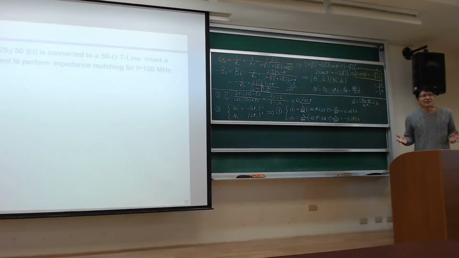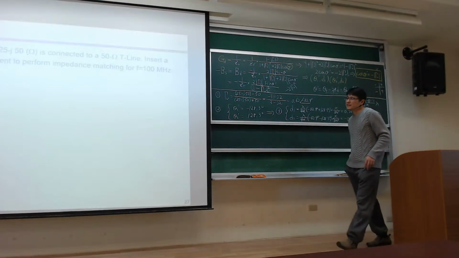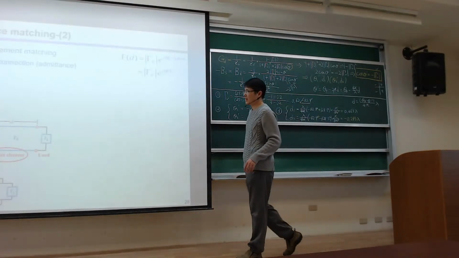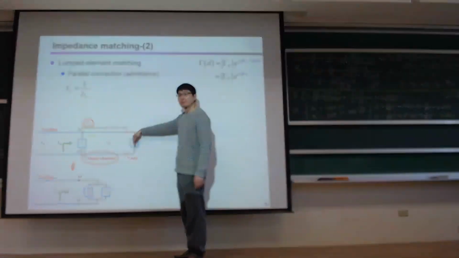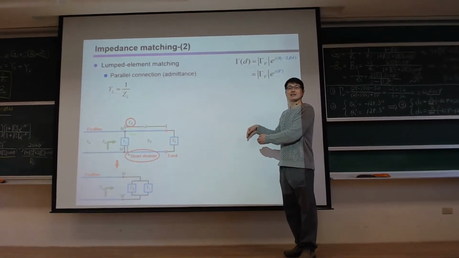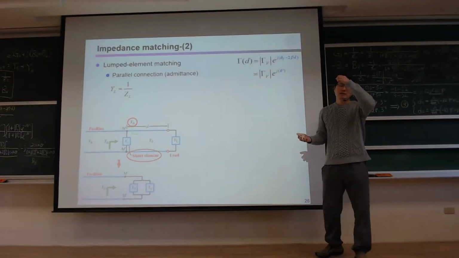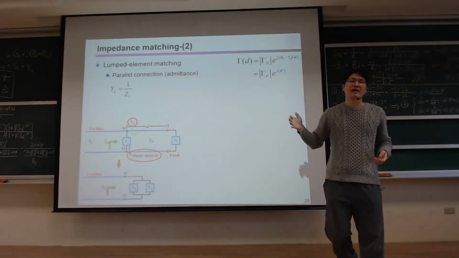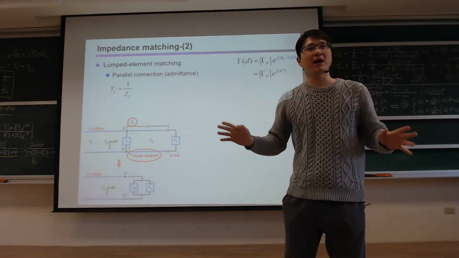We're done, right? What does a negative D stand for? A negative D stands for we have to perform impedance matching somewhere to the right of the load. It's impossible. So after all these efforts, we end up with one of the solutions to be impossible.